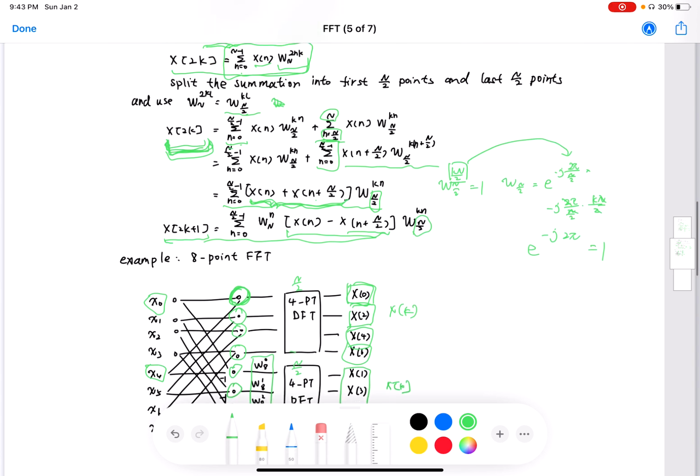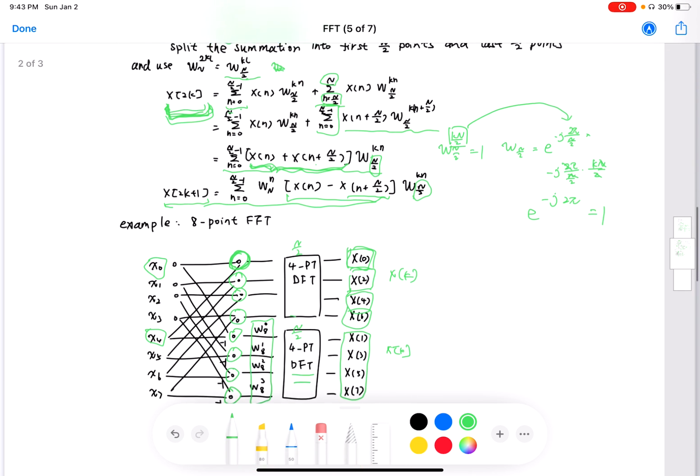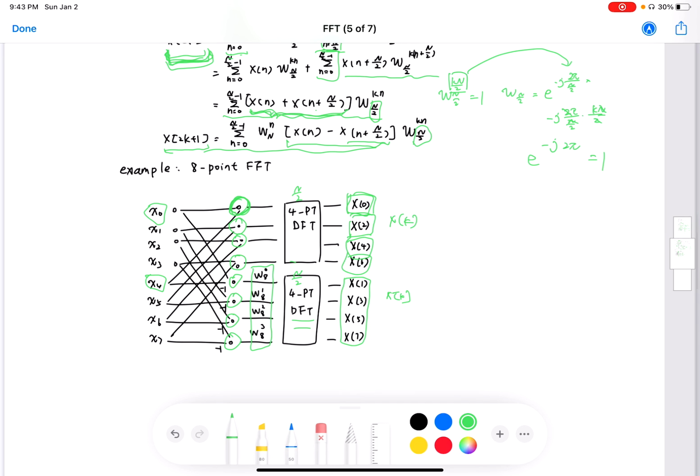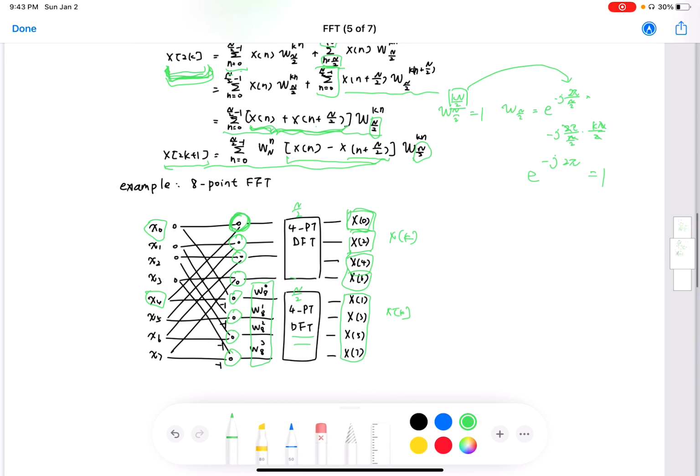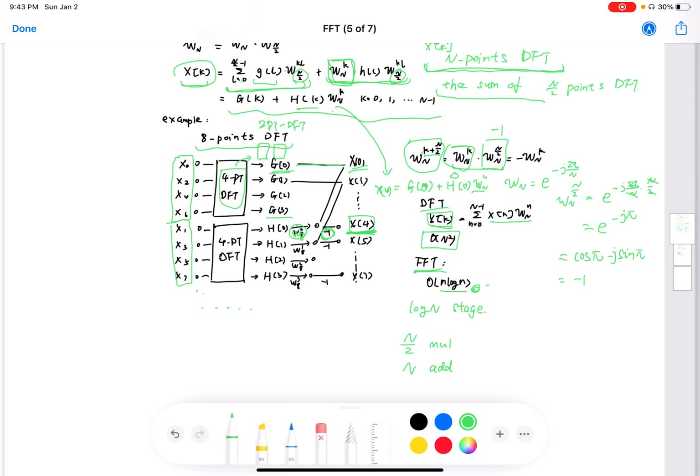So this is the decimation in frequency, and the complexity is actually the same as the complexity using decimation in time domain.